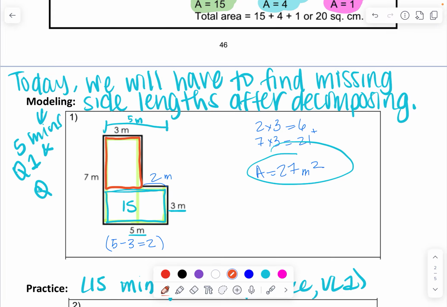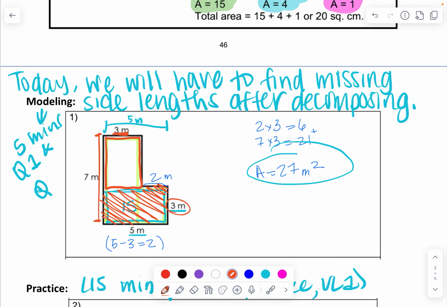Our orange shape is now what becomes a little bit more complex because we have that our width is 3. However, our total length was 7. But since we broke it up, it's not 7 anymore. If we want to find the total length of only the orange, we have to disregard the total length for the blue, which was 3.